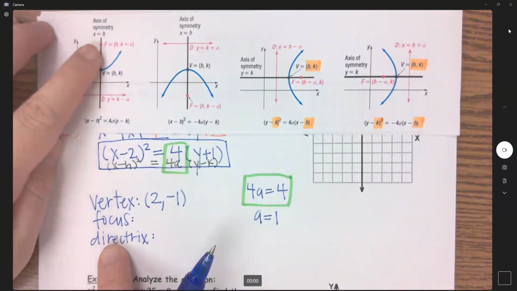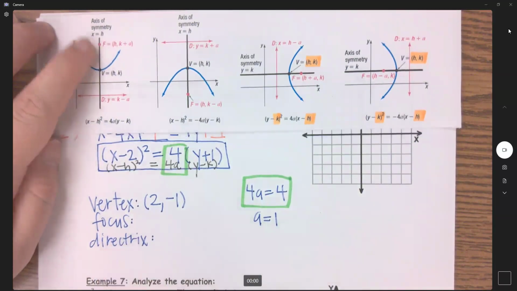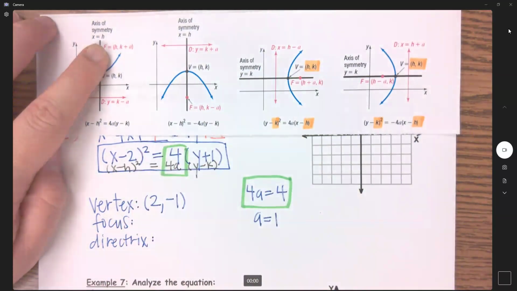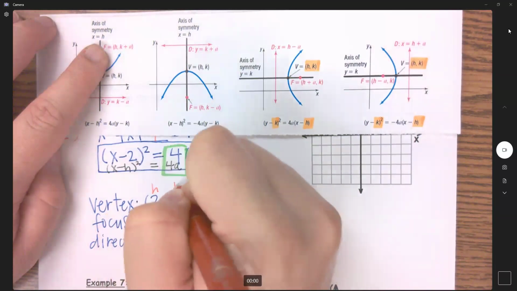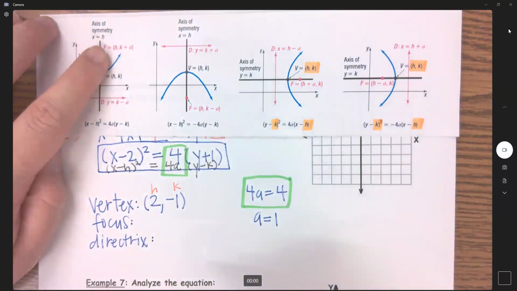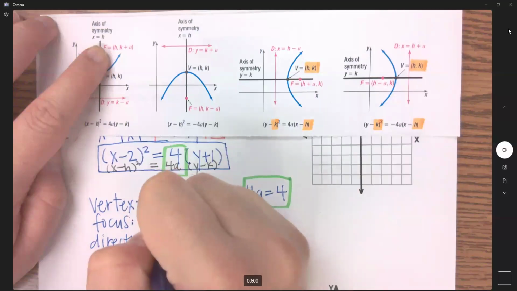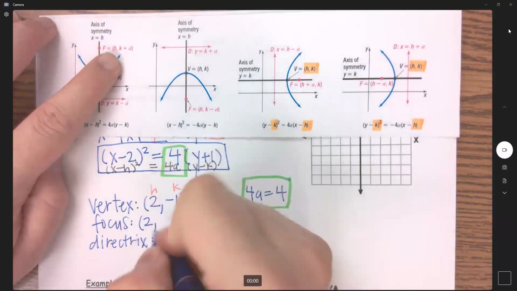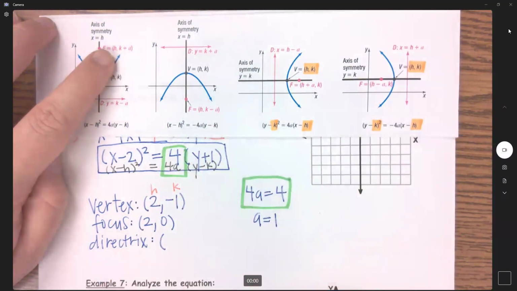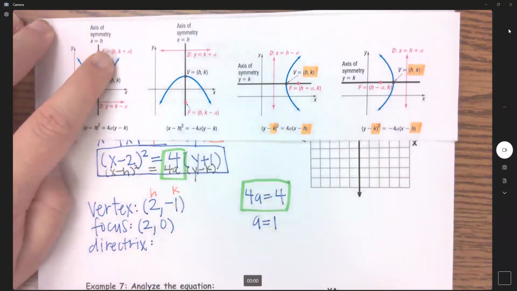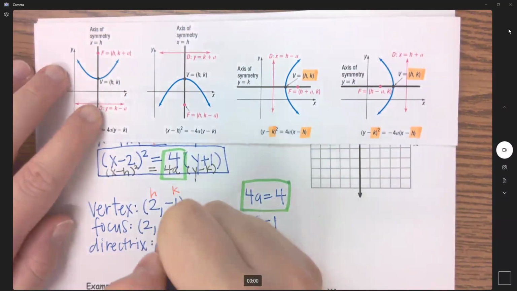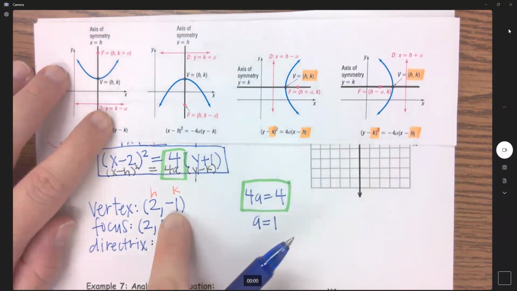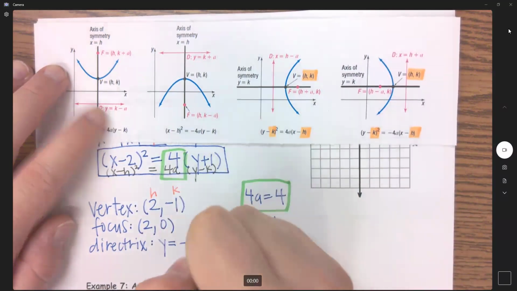You can use these formulas. So if I use this formula for focus, this is my h, this is my k. So we have h is 2, and then k plus a. K plus a is 0. And then my directrix is y equals k minus a. So negative 1 minus 1 gives me negative 2.